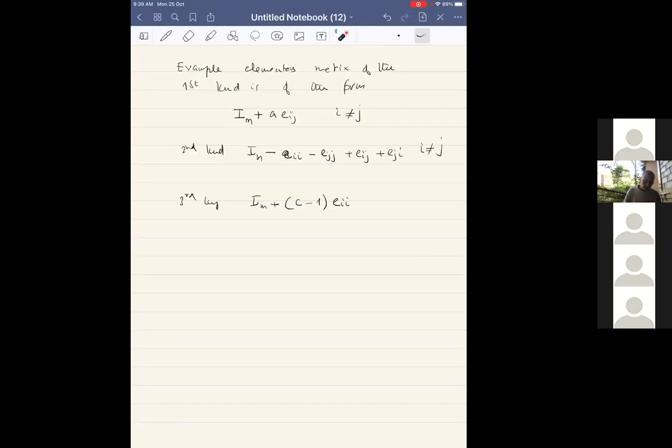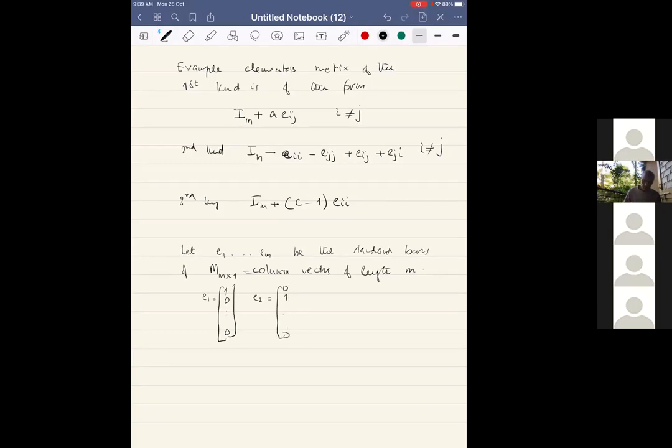So let E1 to EM be the standard basis of M cross 1 column vectors, column vectors of length M. So E1 is this column vector, E2 is 0, 1, 0, and EM is this. Okay, so everybody understands this.